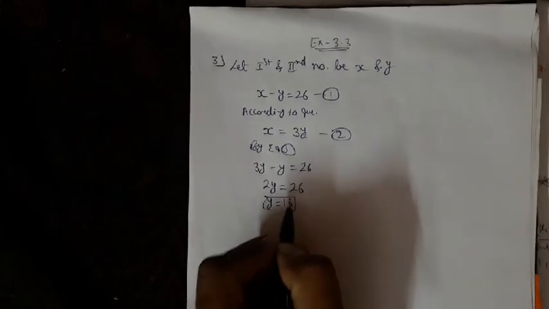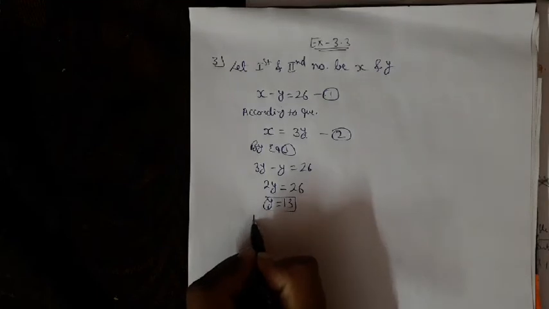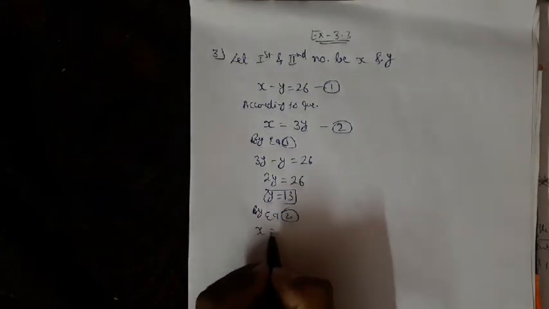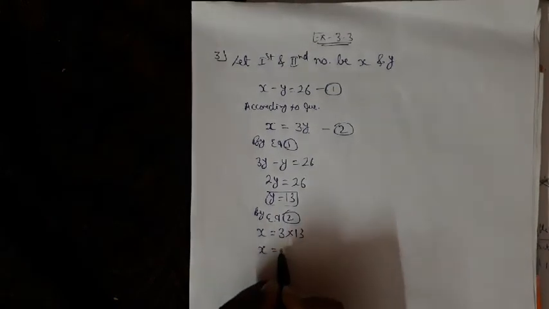So the value of y is 13. Now I put the value of y in equation second. So x equals 3y, so 3 into, instead of y, 13. So the value of x would be 39.